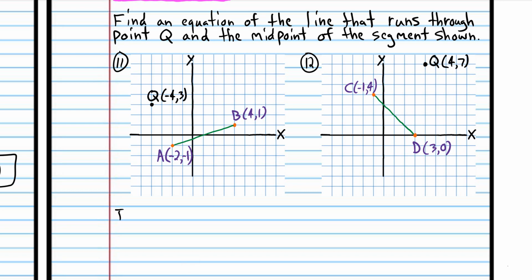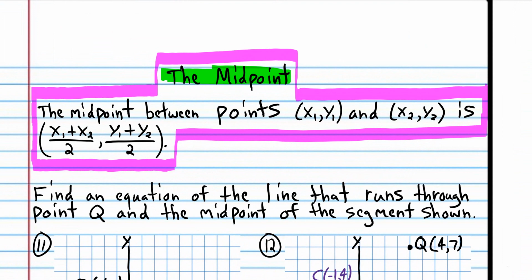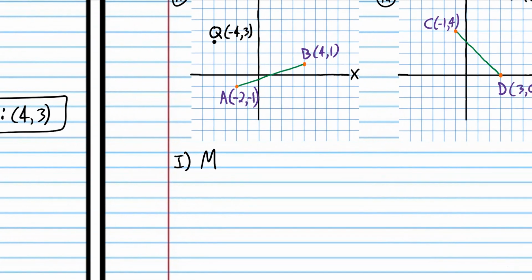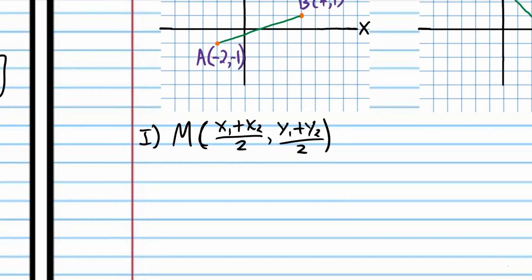So step 1 is to find the midpoint of AB. Now this is the midpoint equation. You can get a screenshot of that if you want, but I'm going to go ahead and write it here just to show you what formula I'm using.